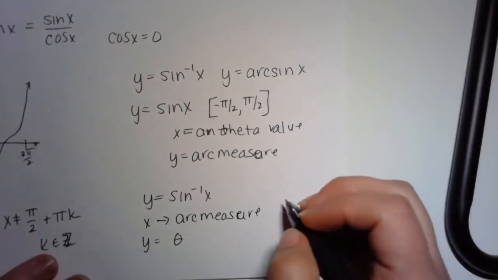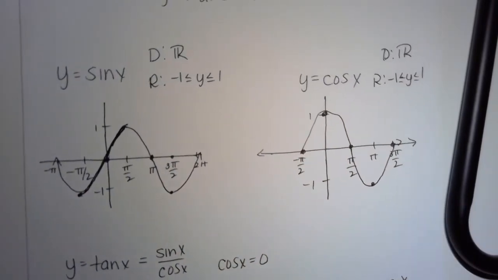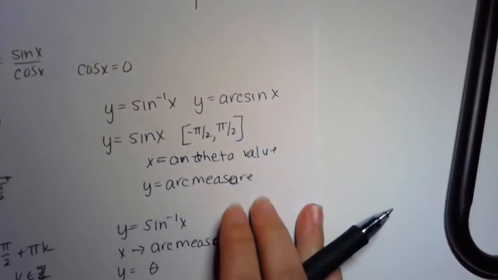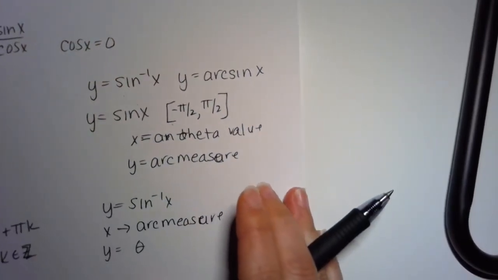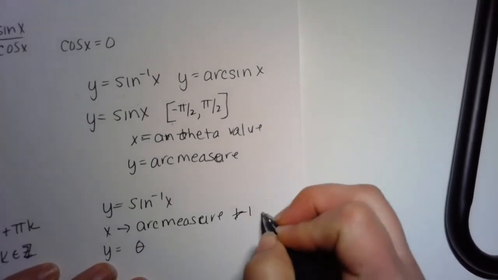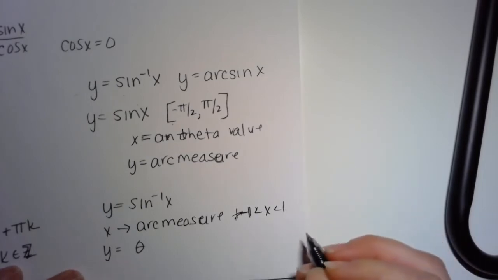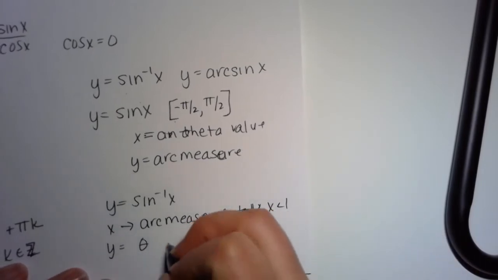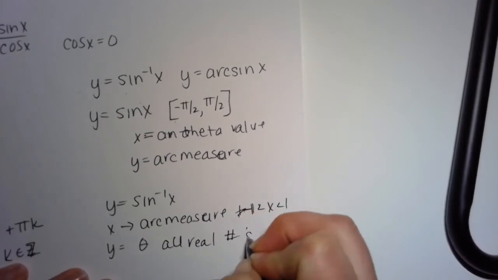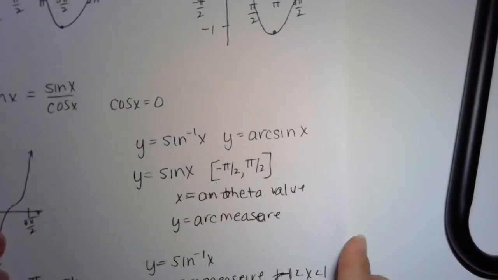Remember, our x and y get switched in an inverse function. So in this particular case, my x will stay between negative 1 and 1, and my theta value, my y, my range, is all real numbers. So that's for arc sine.